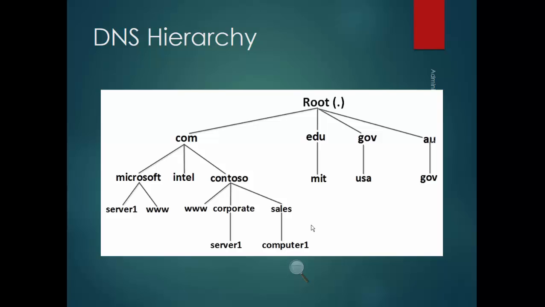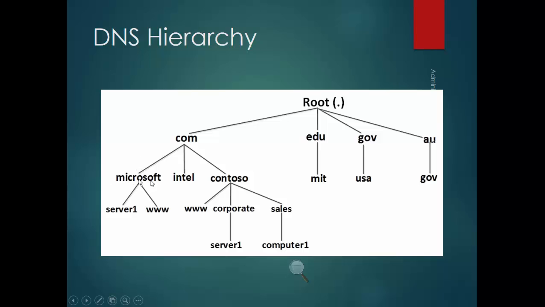It tells you the top level domain, the second level domain, the third level domain. The top level domain is the root, the dot itself, and then the first level is anything like .com, .edu, .gov, .au. It could be a country, government, or education.